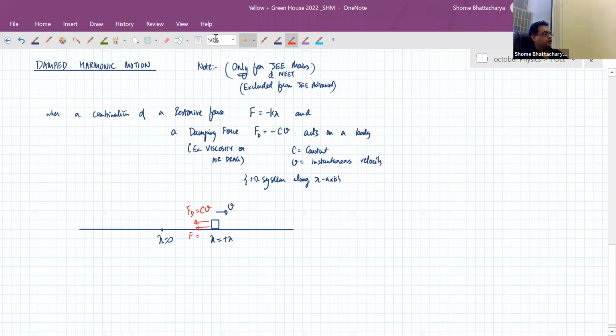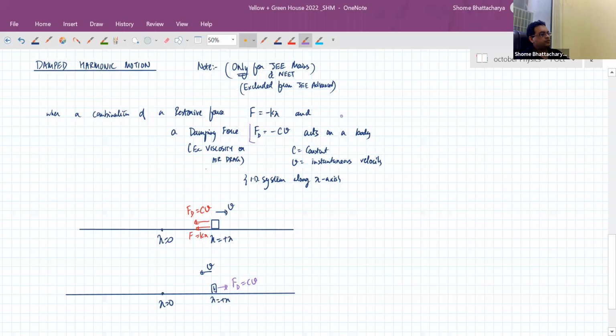Okay, but the same thing if the body was at the same position, positive x, but it is right now coming back to the mean position, then the direction of the damping force will become opposite to the above diagram, because the damping force is opposite to the velocity.